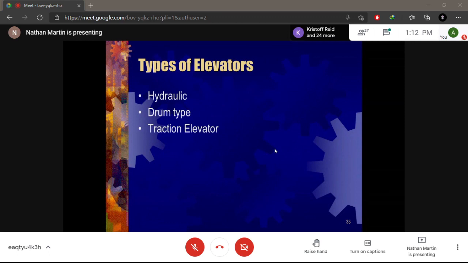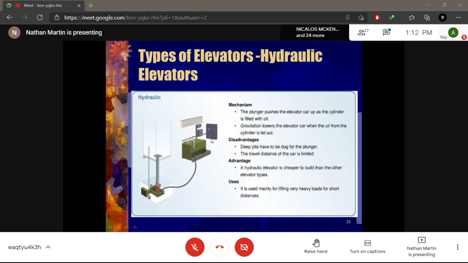Now, before we can do that, we look at the different types of elevators. We have the hydraulic type elevator, the drum type elevator, and the traction type elevator. What are these? The names don't mean much. So this will give you an idea of what the elevator is.